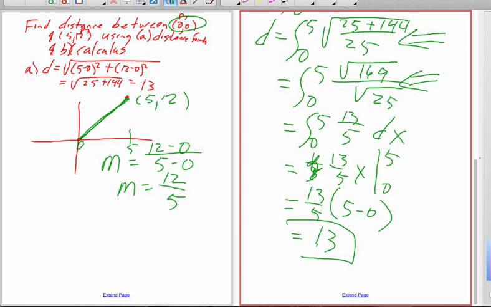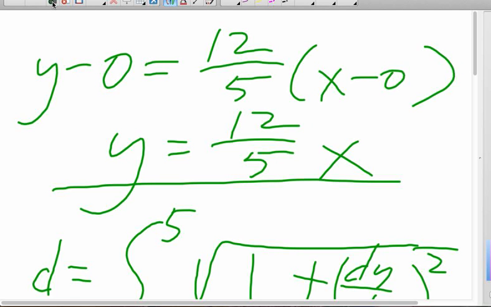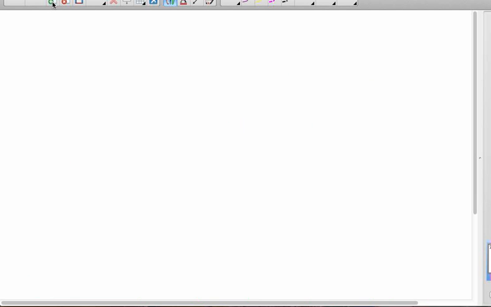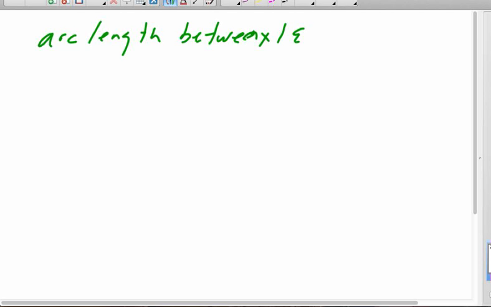Okay, so now let's deal with a little more realistic example. So we want to find the arc length between x equals 1 and x equals 8 of y equals 3/2 x to the 2/3.